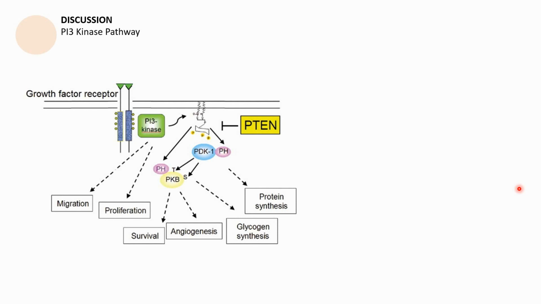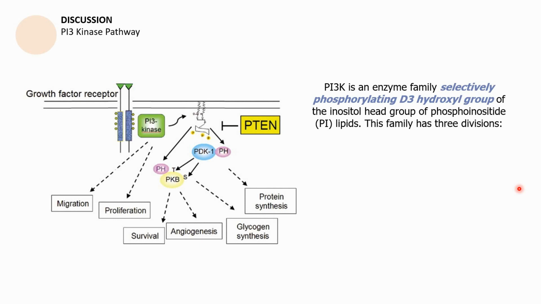Next is the PI3 kinase pathway. This means phosphoinositide. I am really finding it hard to pronounce it up until now. Phosphoinositide 3 kinase pathway. So PI3K is an enzyme family selectively phosphorylating the 3-hydroxyl group of the inositol head group of the phosphoinositide PI lipids.